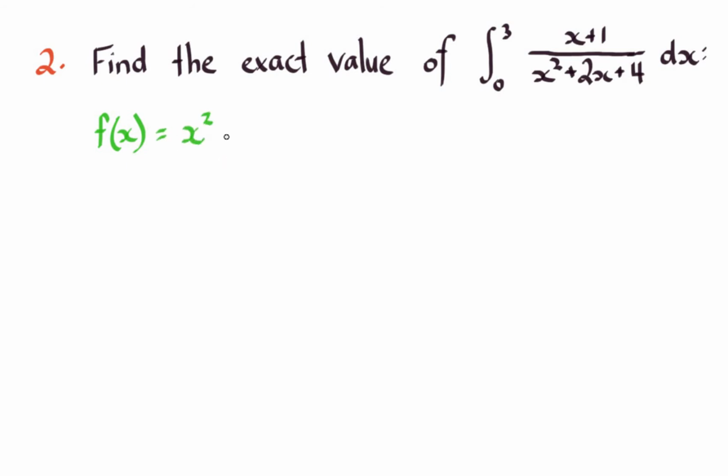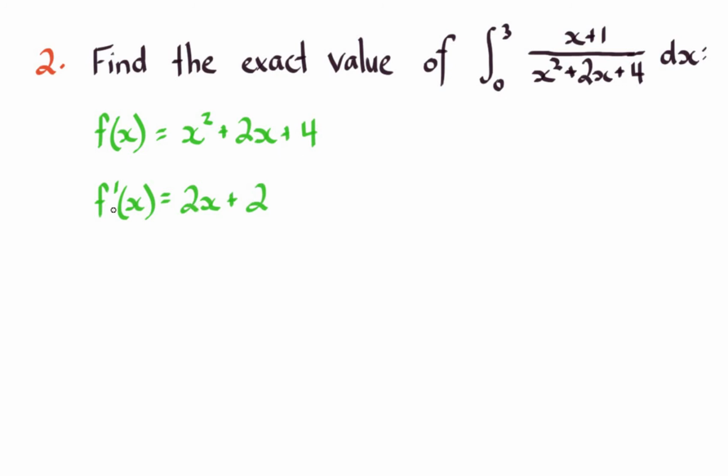So we've got x squared plus 2x plus 4. And let's see what the derivative of this is. So what is the derivative of x squared plus 2x plus 4? X squared becomes 2x, the plus 2x becomes plus 2, and the 4 disappears.